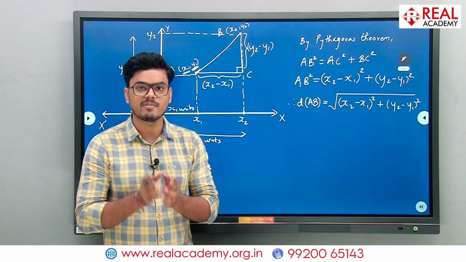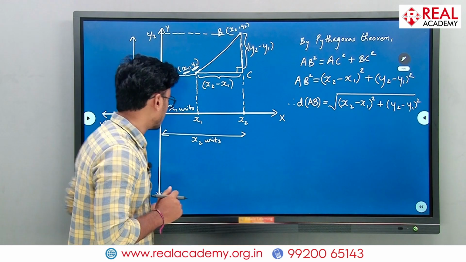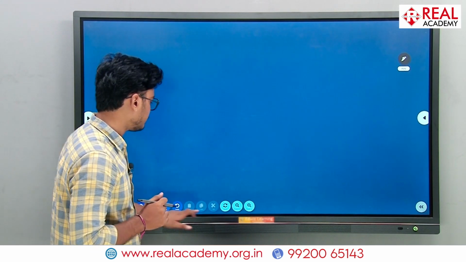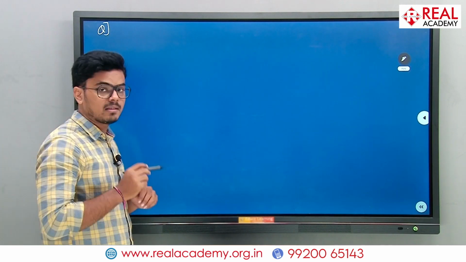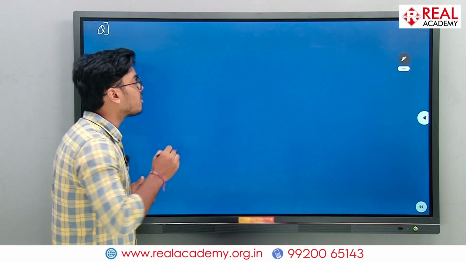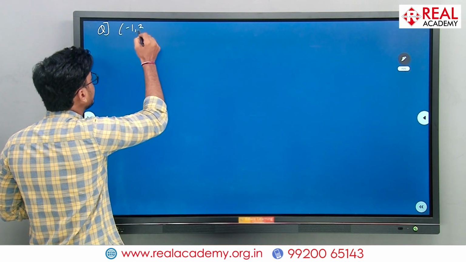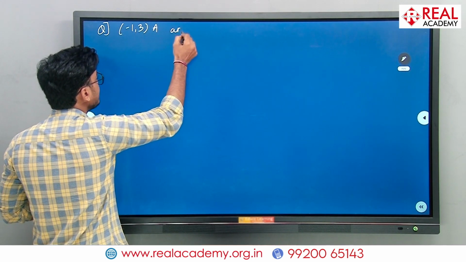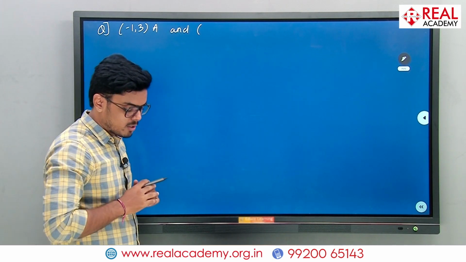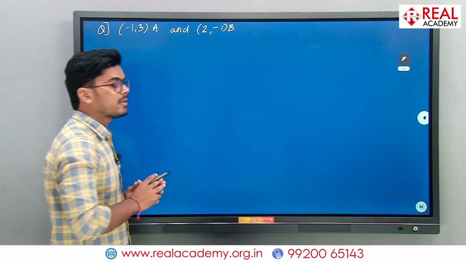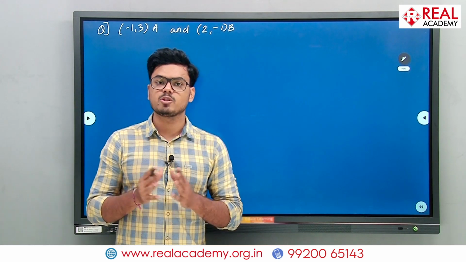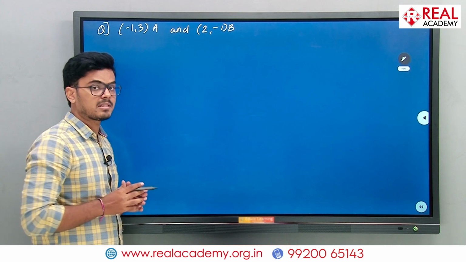For example, if we take 2 points, let me go to the next page. We have to find, suppose, the distance between the points minus 1 comma 3, point A, and point B, that is 2 comma minus 1. So if you want to find the distance between these 2 points, you can find it using the distance formula.